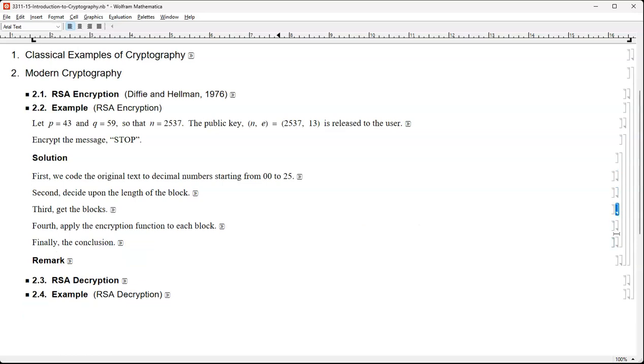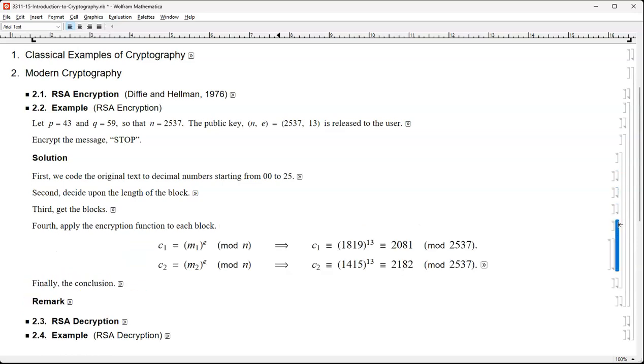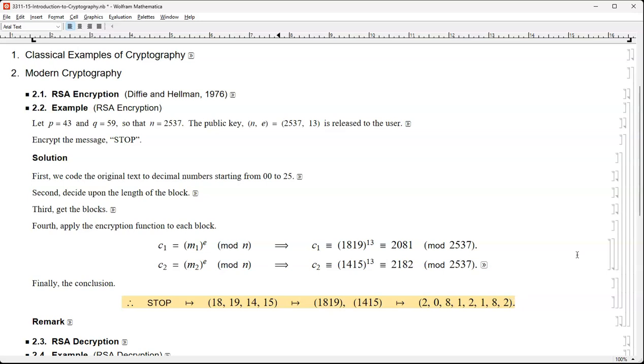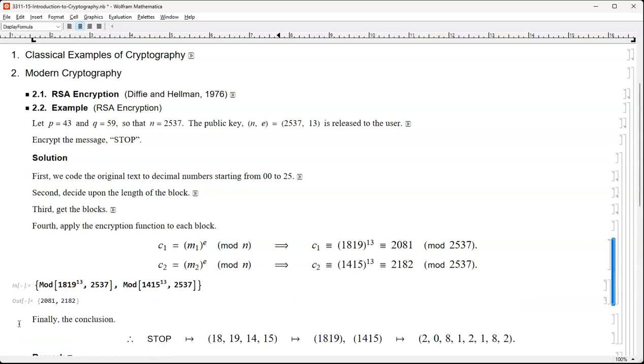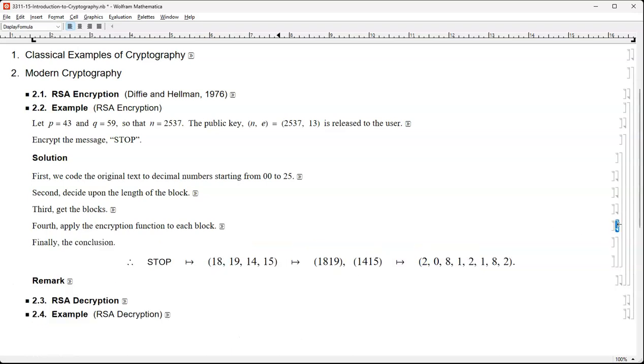Then we apply the encryption function, m to the e power, mod n, and we ended up with 2081 and 2182, from 1819 to the 13th power modulo n, and 1415 to the 13th power mod n. We did all those to get this.